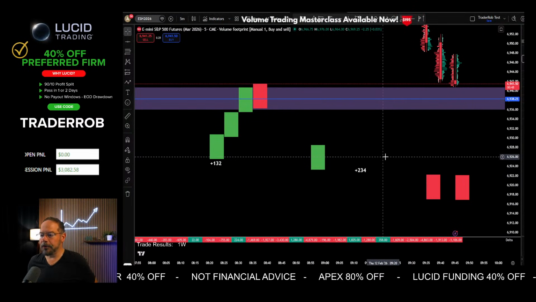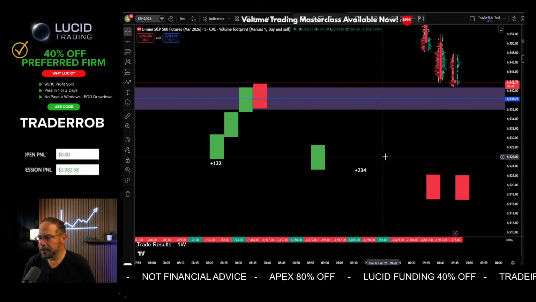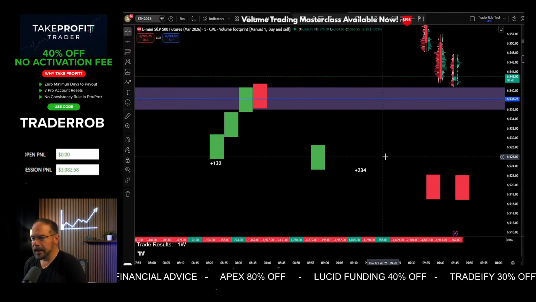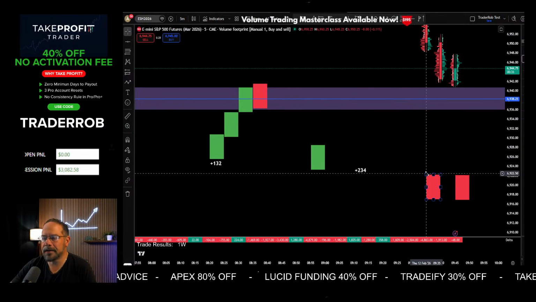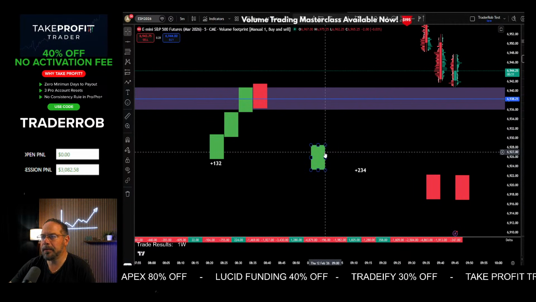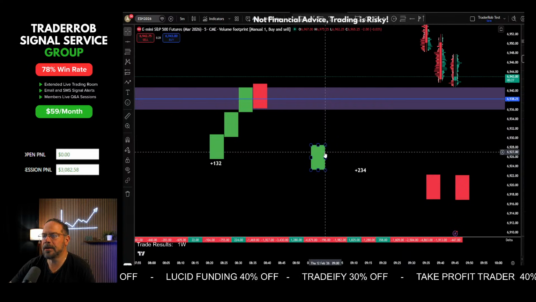So I want to capture those 30 points. So it's very simple for me. 120 footprint is 120 ticks. It's 30 points. Each box has an exact value. You never have a box smaller or bigger than the other. It's always the exact same 30 points, 120 ticks, 120 range footprint chart.